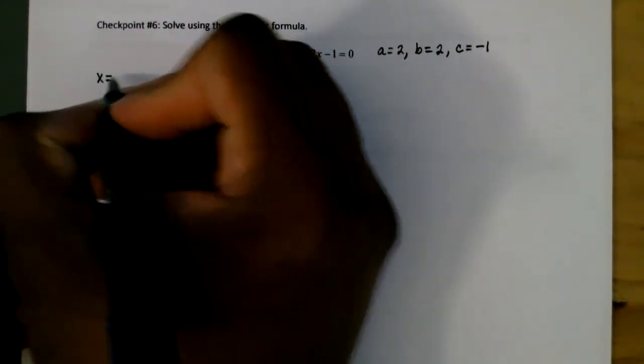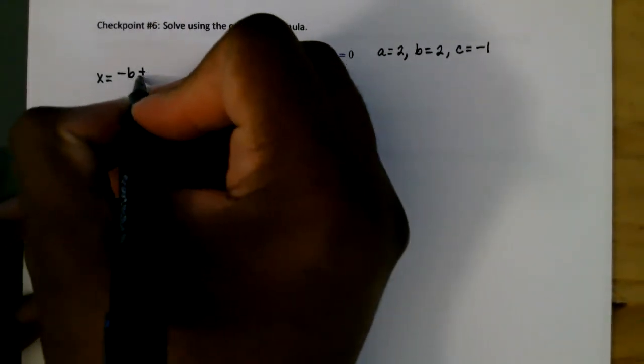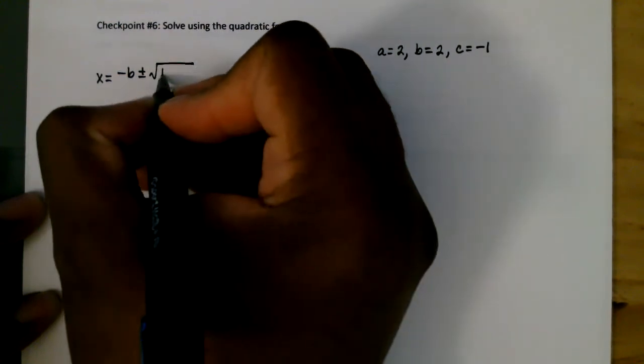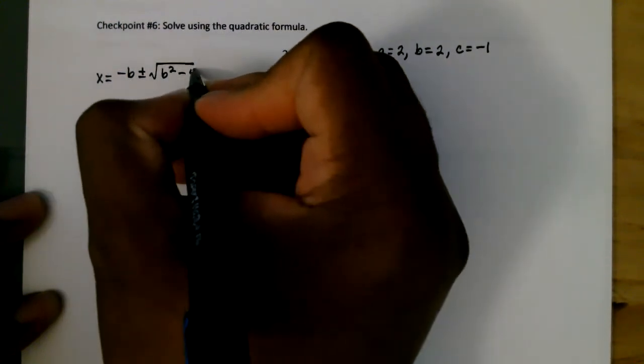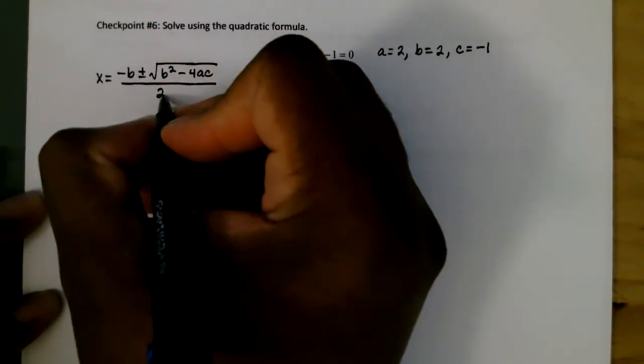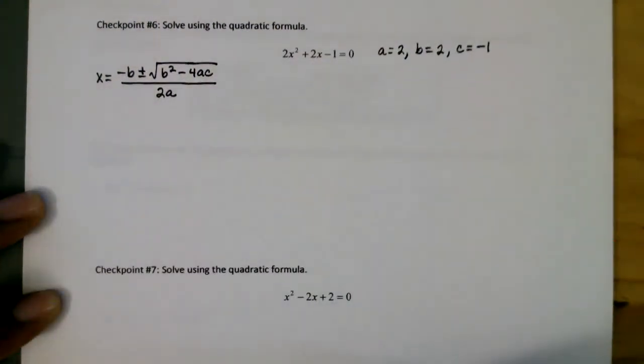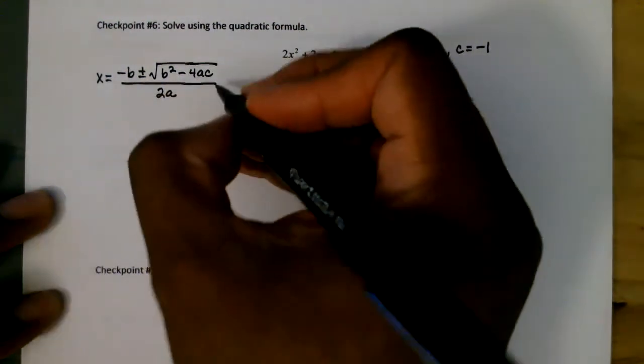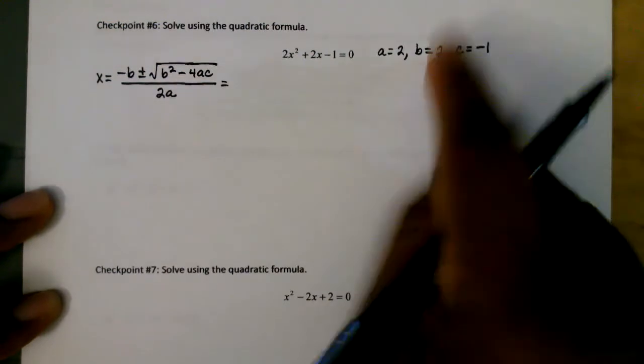So here, I'm going to write down my quadratic formula. x equals negative b plus or minus the square root of b squared minus 4ac, all divided by 2a. And then we're just going to substitute a, b, and c in that quadratic formula. So here, the b is 2.